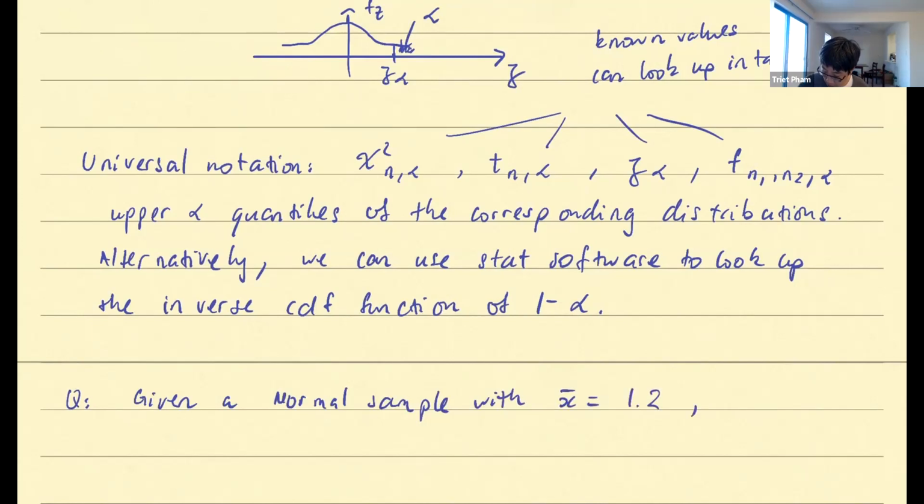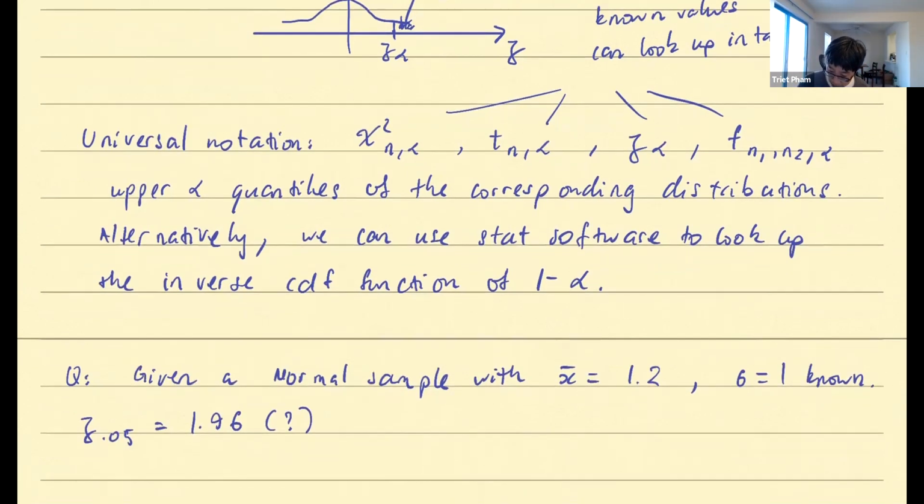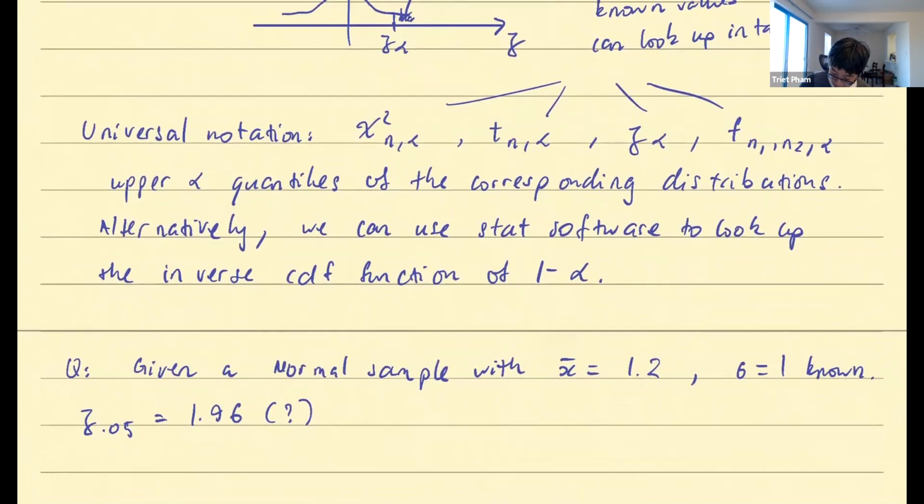And let's say that you know that sigma equals 1 for some reason. Then upon the above recipe, and I believe Z.05 is 1.96. I reserve my ignorance on this; it could be a little bit different. But anyway, let's say n equals 16 to make it nice.